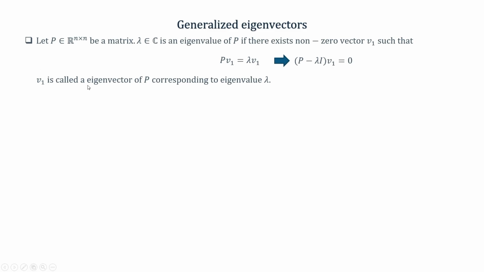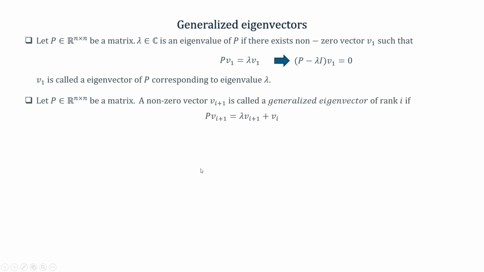Then we call V1 an eigenvector of P corresponding to the eigenvalue lambda. I had emphasized that you will not get unique eigenvectors corresponding to an eigenvalue. If V1 is an eigenvector, then alpha V1 will also be an eigenvector. So, you can come up with infinitely many eigenvectors for a particular eigenvalue.